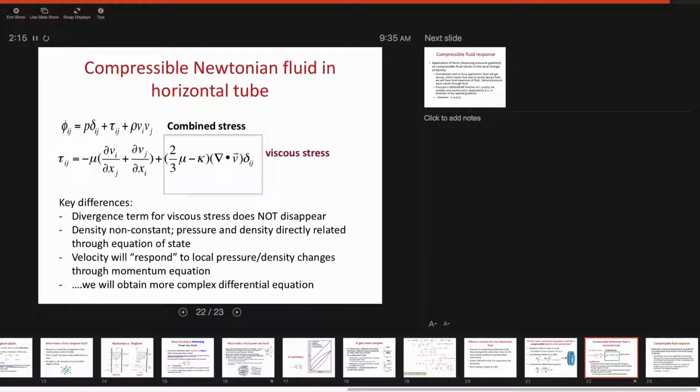So the key difference is that there's this divergence term that doesn't disappear. And that also affects density: if I can compress and decompress locally, my density will not be constant. So my density can respond to different pressure and velocity.